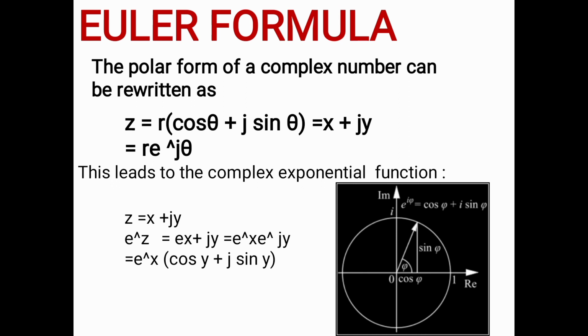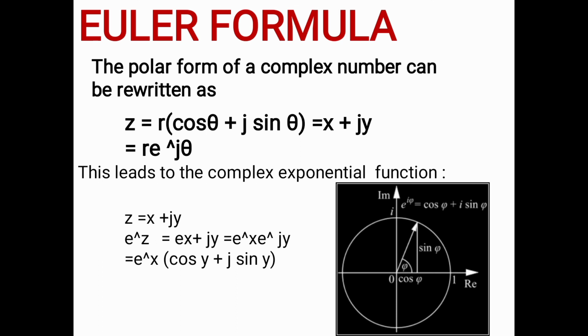In your case it is mentioned as j, but in textbooks by other authors it is also mentioned as i. Hence cos theta plus j sin theta is known as e to the power i theta. So remember, e to the power i theta means cos theta plus i sin theta, or e to the power j theta equals cos theta plus j sin theta.